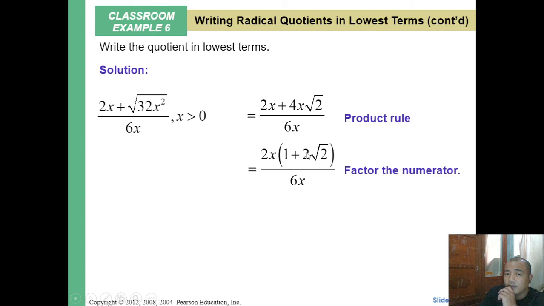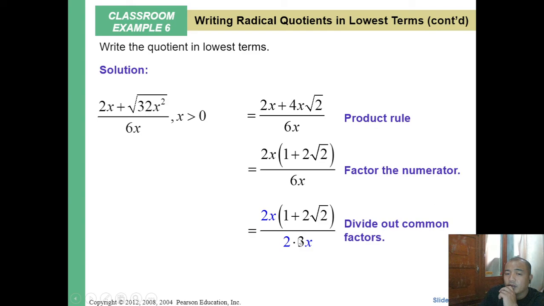You can still simplify this. The common factor is 2x. So, 1 plus 2 square root of 2 over 6x. Cancel x. Then the lowest term of 2 over 6 is 1/3. So, the final answer is 1 plus 2 square root of 2 over 3. Cancel the 2, cancel the x, and what remains is 3.